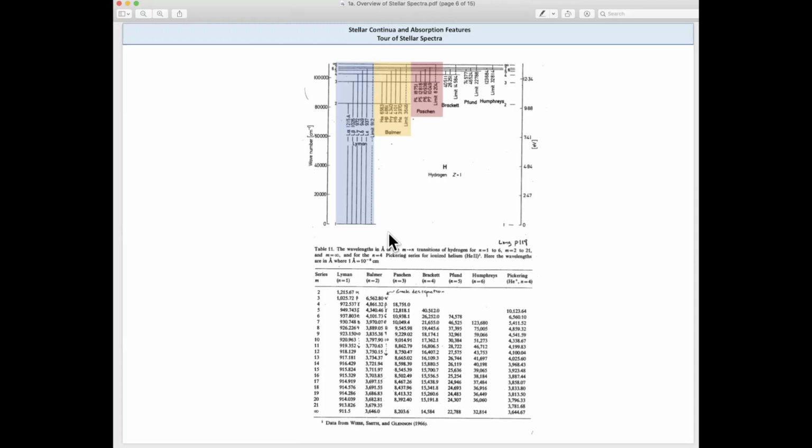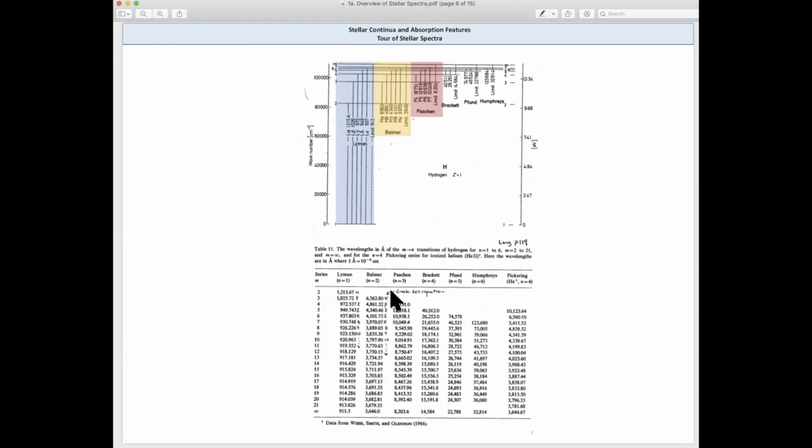But you all know you have a ground state electron, n equals 1. That has zero excitation energy by definition. It's at the floor. And if you excite that electron, it can go up to the n equals 2 state. That corresponds to the Lyman alpha line, which has a wavelength of 1215, n equals 1 to 2.